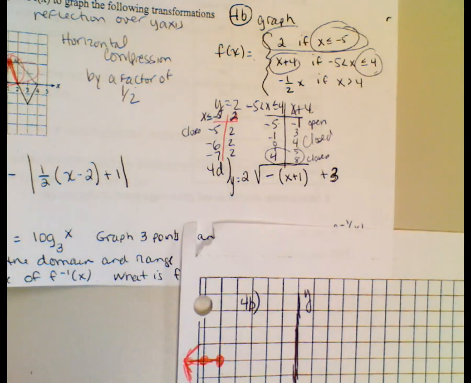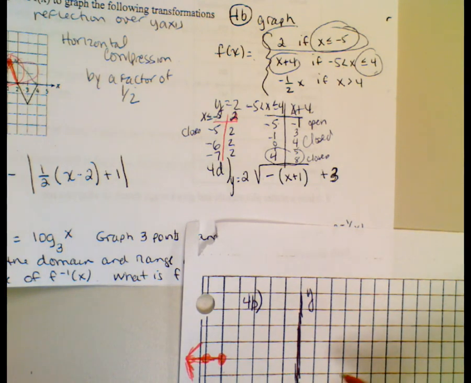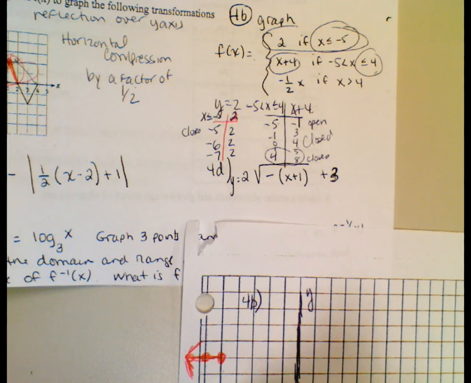So the very first point is -5/-1. Because this is such dark graph paper, I kind of need to do this in red so you can see it. -5, -1 would be 1, 2, 3, 4, 5, -1, and that's open circle.